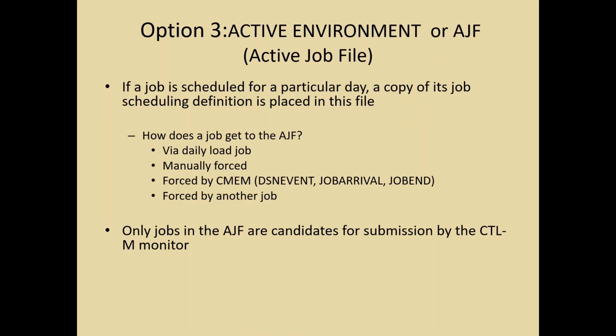So for that, in this CMEM definition, there will be a data set associated with your particular application. In that data set, I will add this job and I will add that file. So when that file comes to your system, that job will be forced to AJF. Similarly, job arrival. Then your next is forced by another job, that is your in condition, out condition concept.